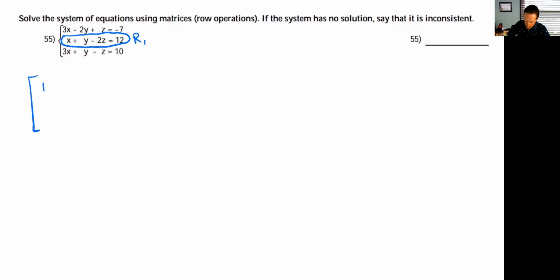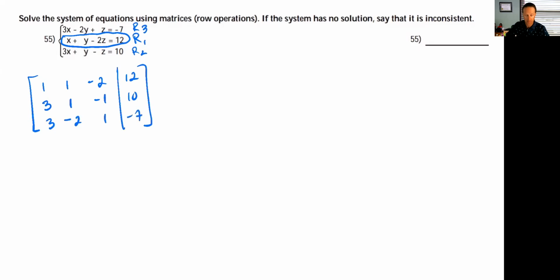So a +1, +1, -2, and then we're going to draw a vertical line to represent the two sides of our equation, and that would be equal to 12 on the other. Okay, then I'm going to call this bottom one here row 2, which would be a 3, 1, -1, and 10, and then the top one here row 3, 3, -2, 1, and -7.